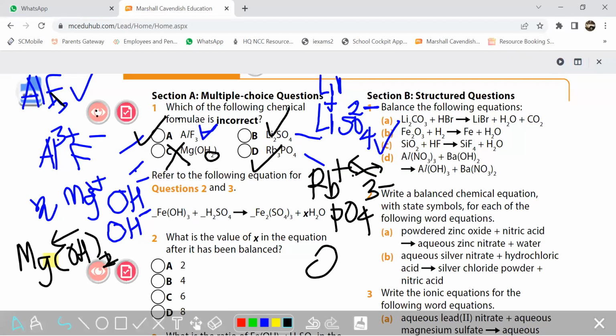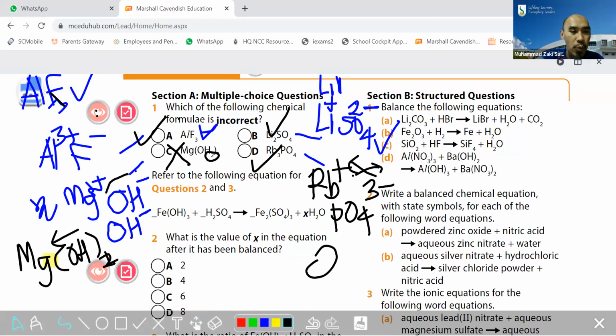Mr. Zaki asks why the 2 cannot be inside the bracket of the OH. Because you need 2 OH. Let me erase one first.